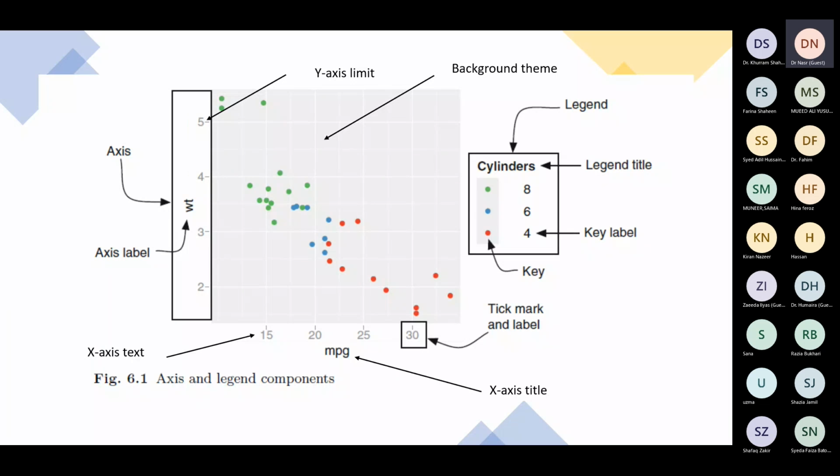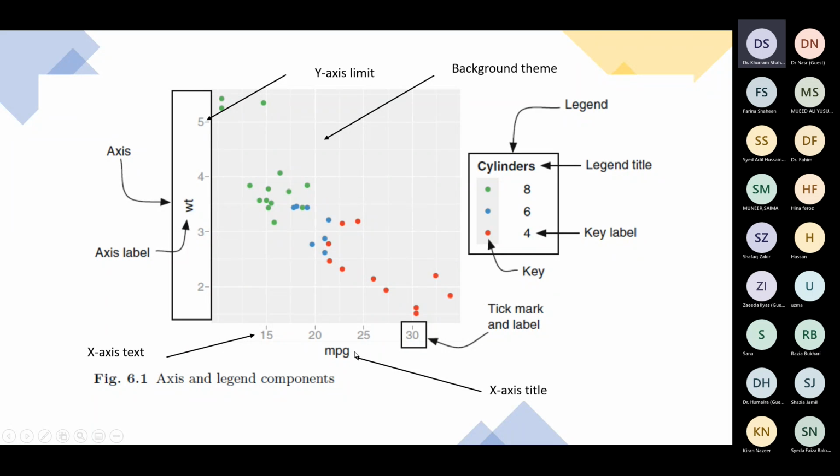Dr. Saab, I have missed this session, so just tell me about tick mark and label. What does it mean, tick mark and label? Tick marks are these little lines above 30. And these are the labels, 30, 25. These are the x-axis text.